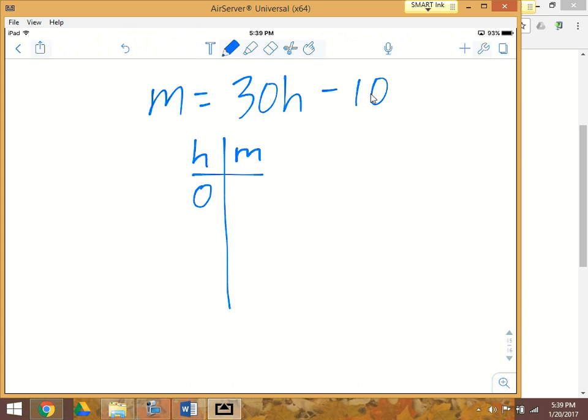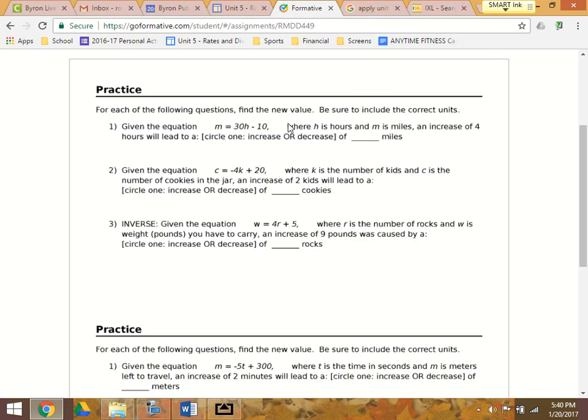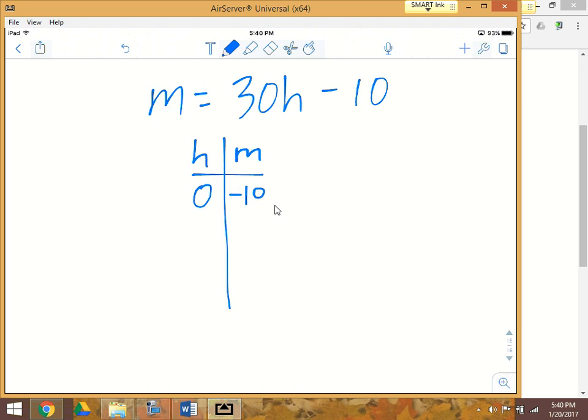Minus 10 would be negative 10. Now that doesn't really make sense because if I don't travel any amount of time, I'm actually going backwards in miles. But at least for our equation purposes, it'll help us get started. So now let's put a 1 in there.